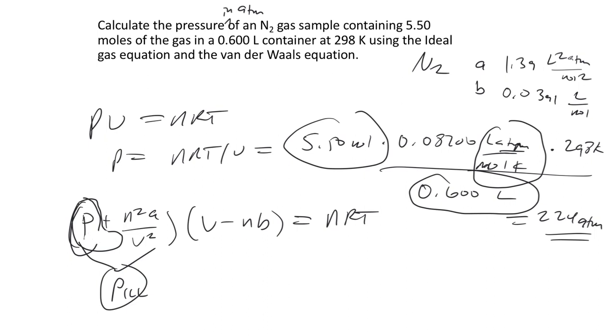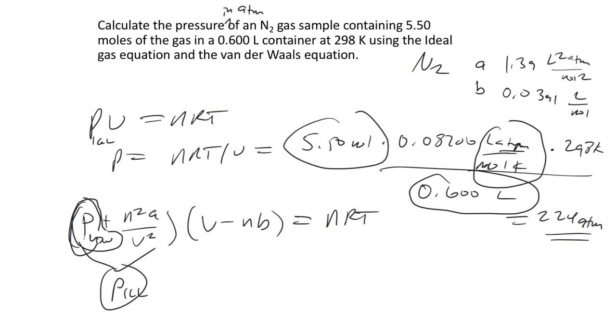PV equals nRT gives us the pressure following the ideal gas law, and solving for pressure from the van der Waals equation gives us the van der Waals pressure, which is going to be a more accurate prediction of the pressure of the true gas sample under these conditions.